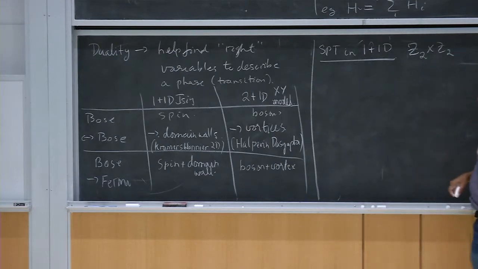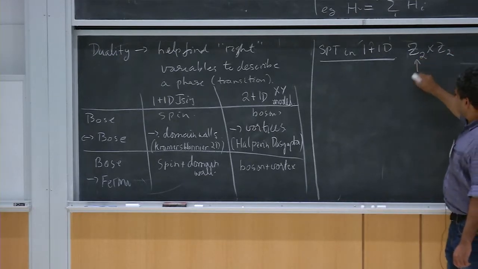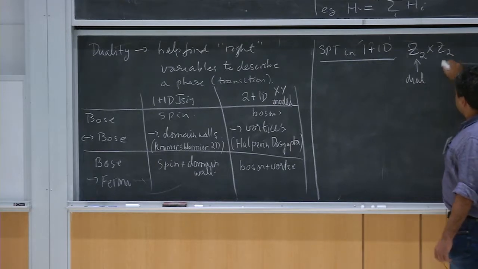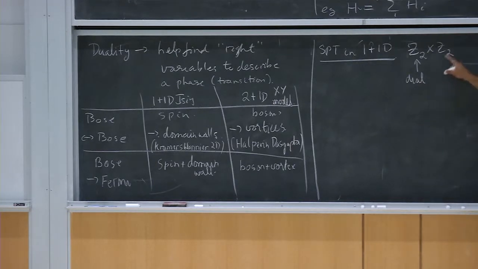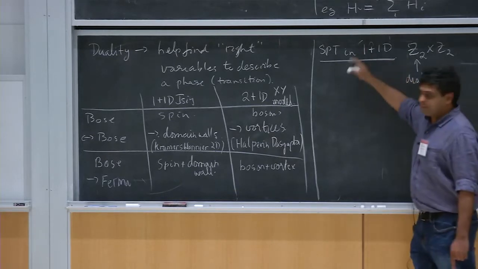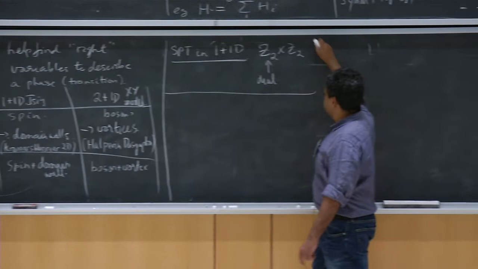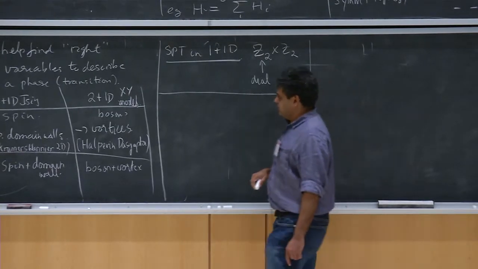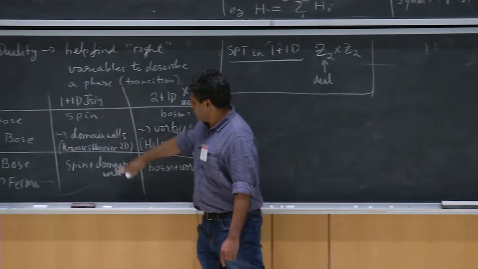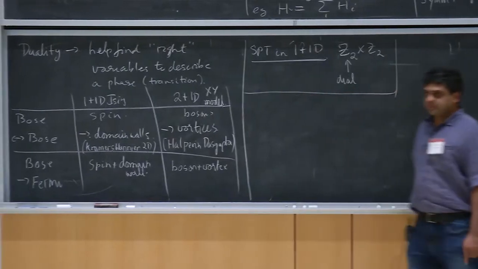It's 2 Ising models, and we'll do the duality on one of them and not on the other, and take the bound state of these 2 objects, the spin and domain wall. We'll condense them. I'll try to make more precise what we mean by condensing an object, and that will end up giving us this SPT phase. This is the set of variables in which we'll describe not just the single Ising model, but also this pair of Ising models.